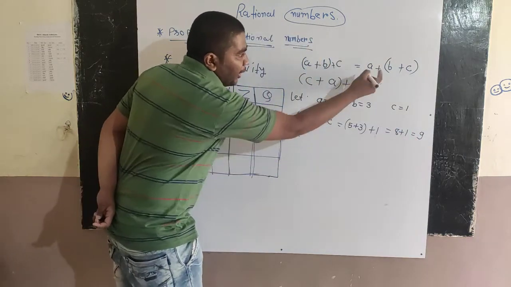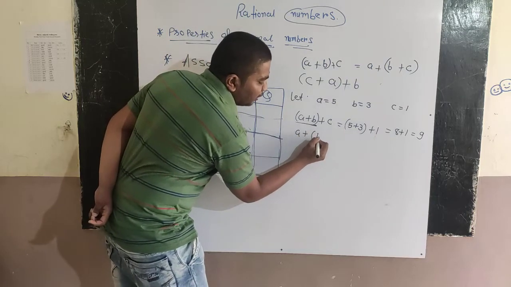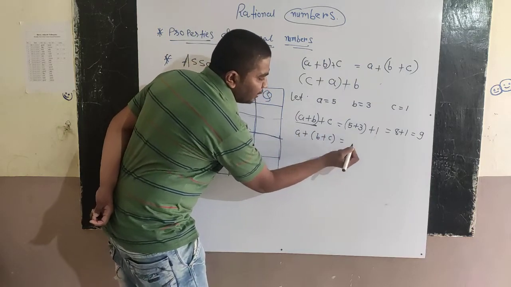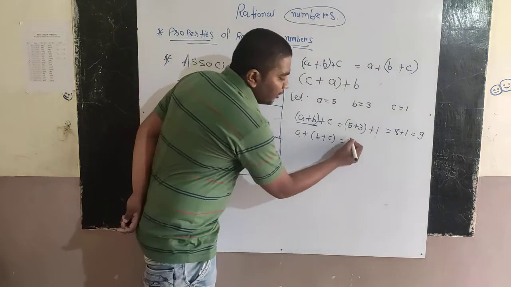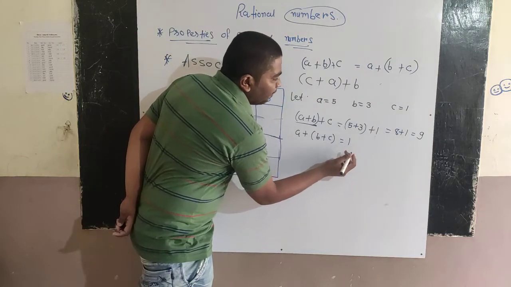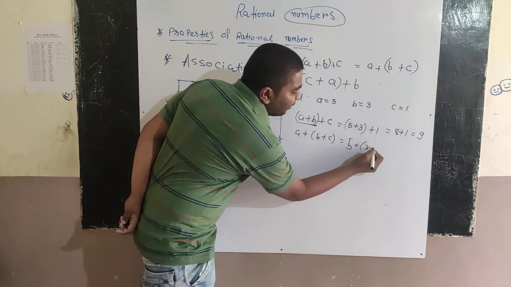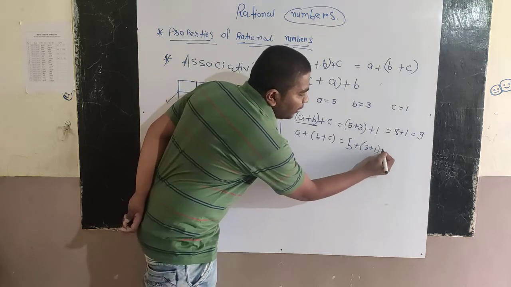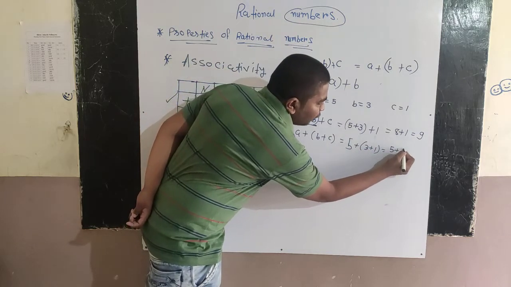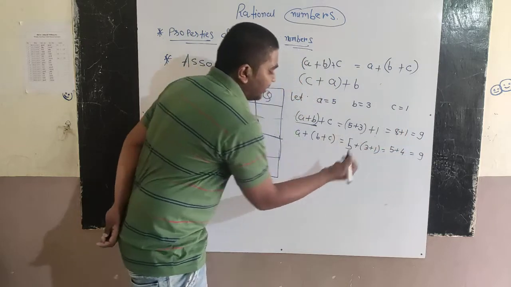If I am going for A plus B plus C with B plus C first, 5 stays as it is, plus 3 plus 1, so 5 plus 4, again our answer is 9.